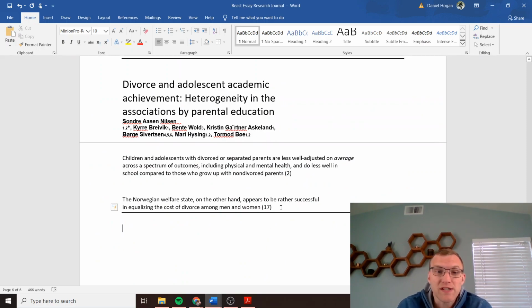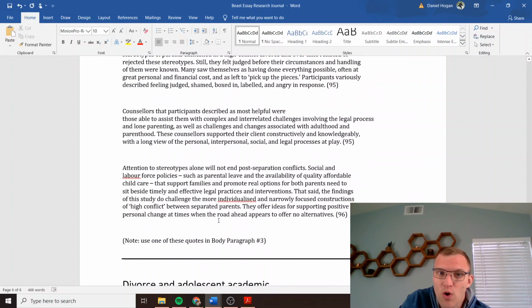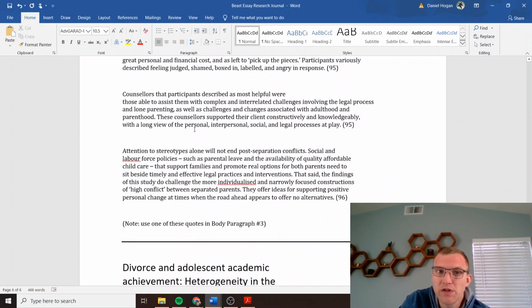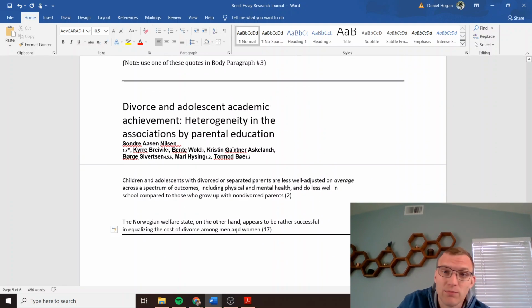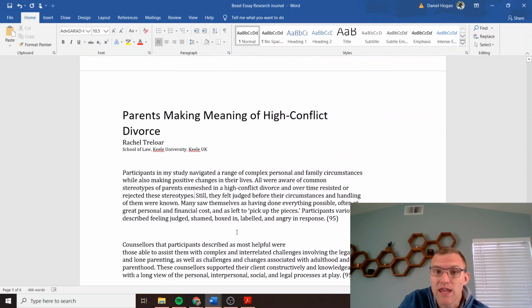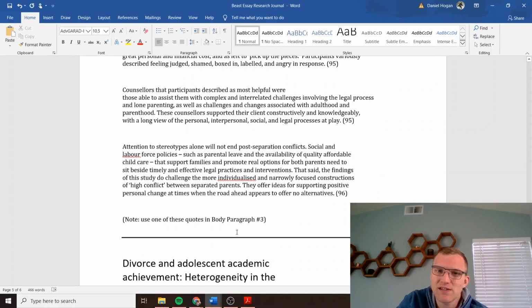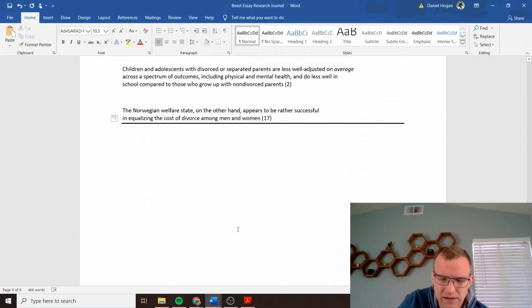The reason that I do this is so that when it comes time for me to start writing my paper, I already have quotes that I know I can use. They're already pulled. And if I need to, I can go look back at it again and see if there's something that I missed. But if you do this over and over again, it makes the research process way easier.